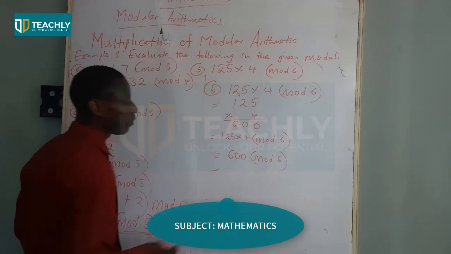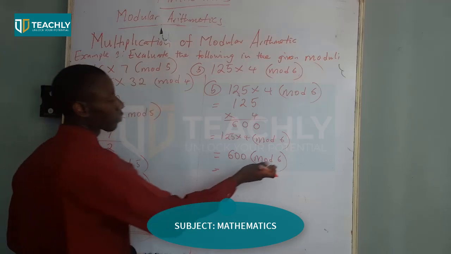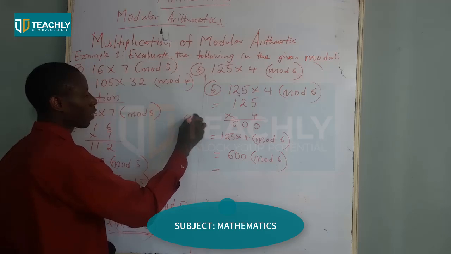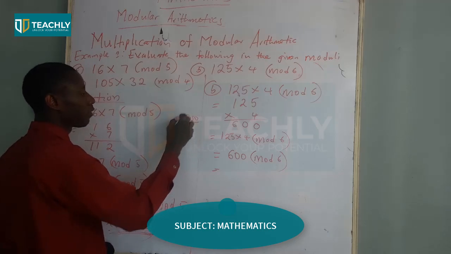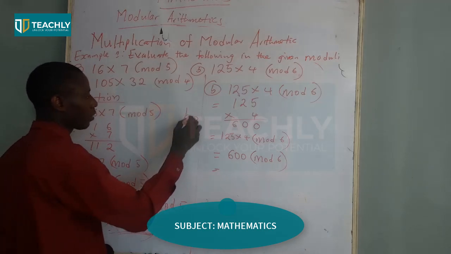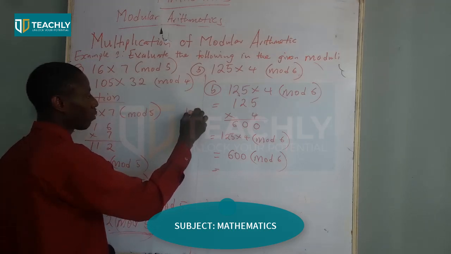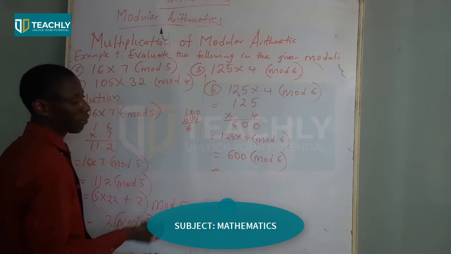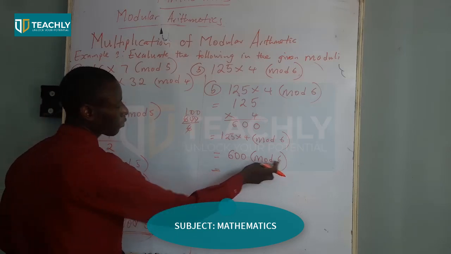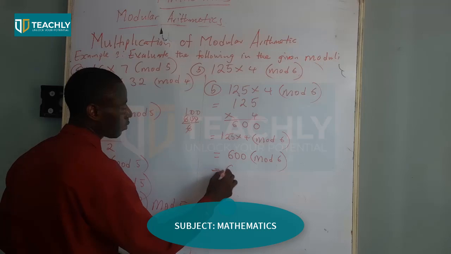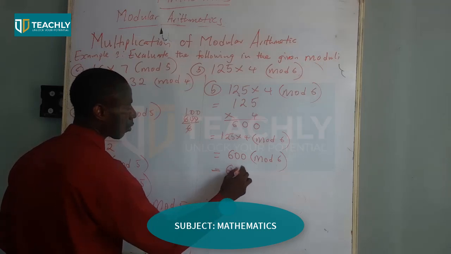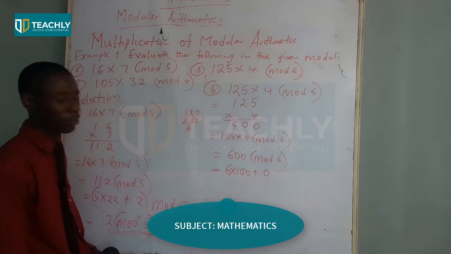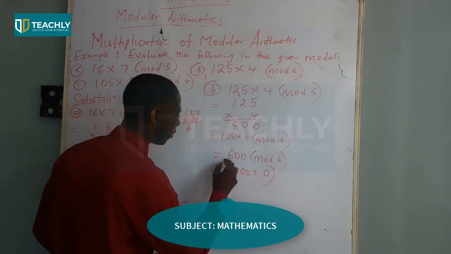So the next thing is, how many 6 can we find here? How do you do that one? Just put 600 like this. Divide by 6. 6 in 6, we have 1. In 0, we have 0. In 0, we have 0. That means you can get 100. So you can express your 600 as 6 times 100 plus what? 0 as a remainder.